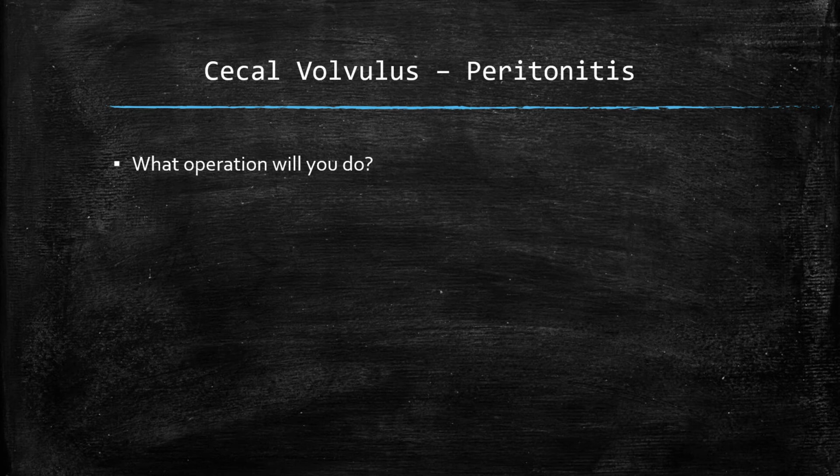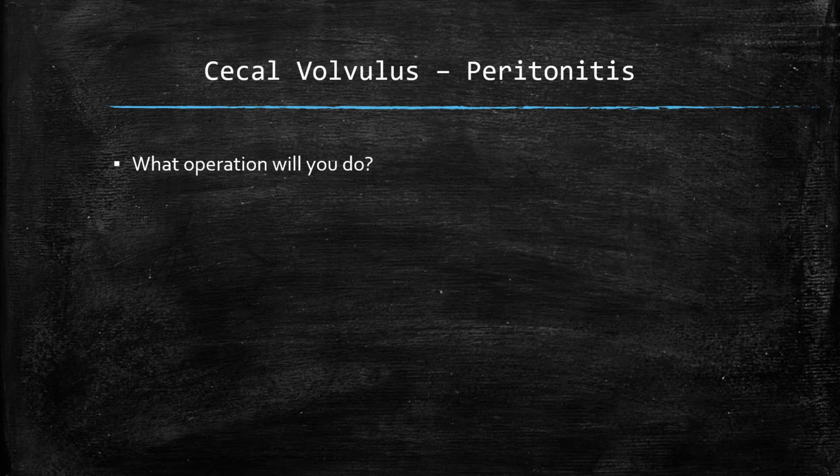Well, what are we going to do with the patient with a cecal volvulus who presents with obvious peritonitis or who at the time of surgery has obvious dead bowel? I suppose the first consideration to make is when you get in there and the bowel is clearly dead, should you detorse this volvulus?